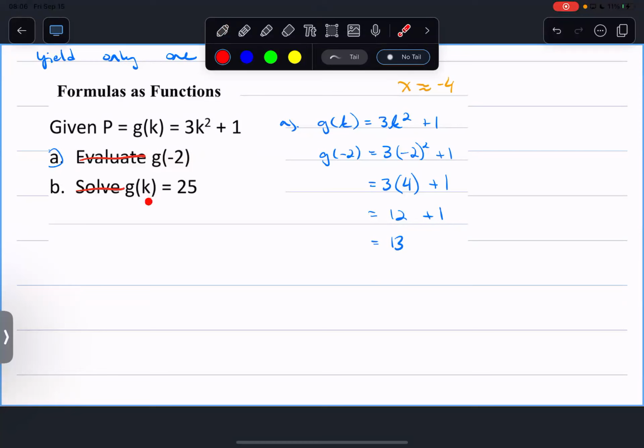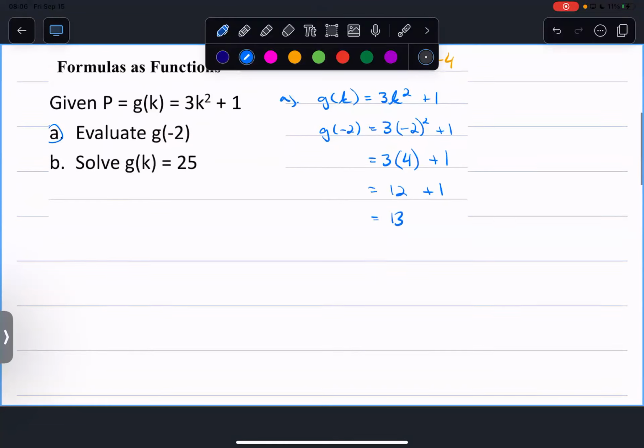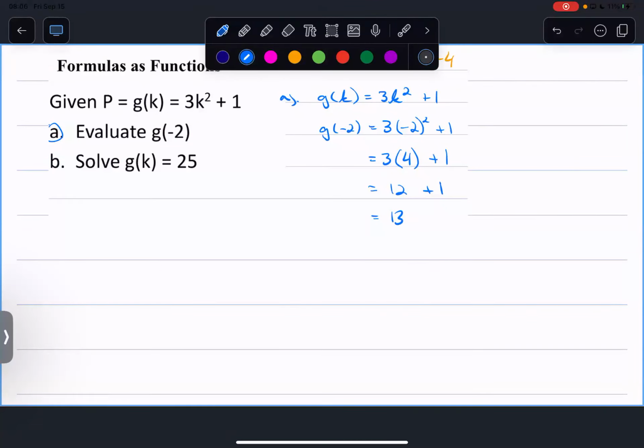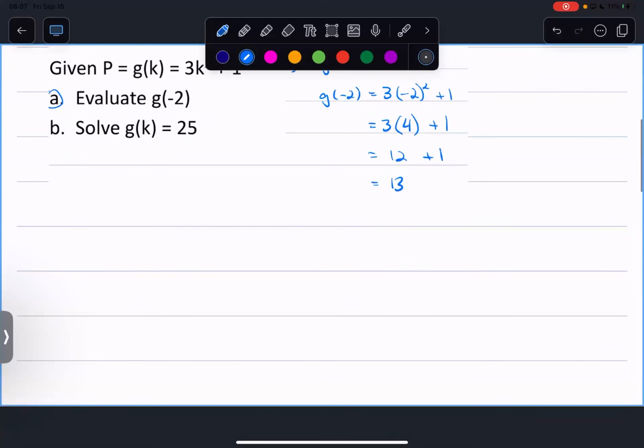And then if I told you g of k is equal to 25, you would just know to solve for k. So that terminology is good to have in your back pocket, but you don't have to memorize it per se. So we evaluated g of -2. See, I mix them up because I'm sloppy like that.